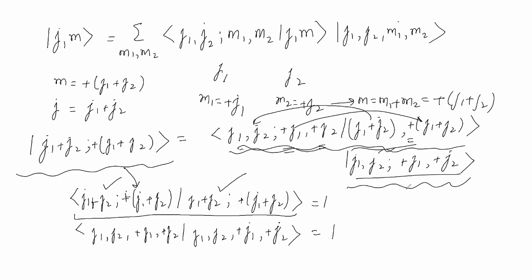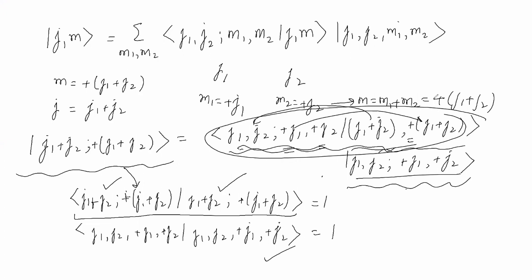Therefore, if I take the square of both sides, what I get is that the value of C for the maximum projection is equal to 1.